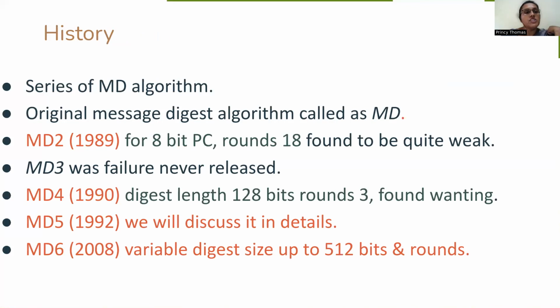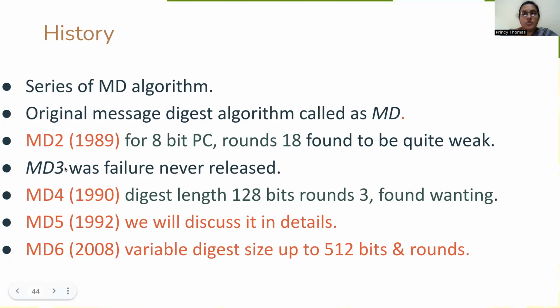Now, a brief history of the message digest algorithms. There was a series of message digest algorithms. The original message digest algorithm was called MD. Then MD2 was made in 1989. It was designed for the 8-bit PC with 18 rounds, but it was found to be weak.